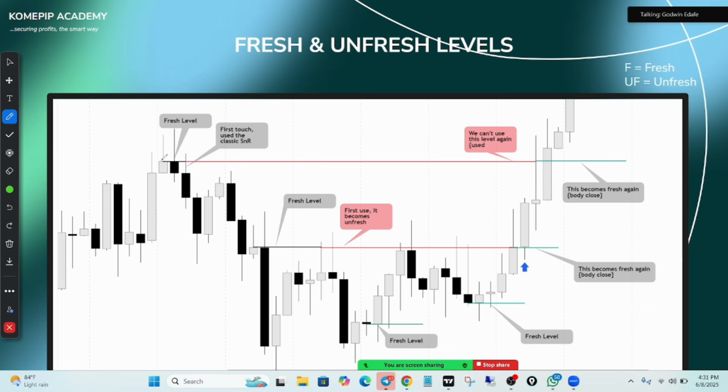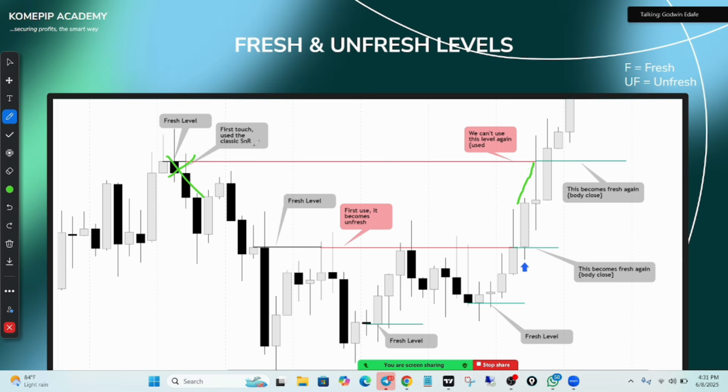A-shape key level, right? Now, this is the fresh key level, A-shape key level. But take note, this was the first tap, the first touch used the classic SNR. So this touch has used this A-shape key level. In the future, when price comes, we are not interested in selling from this key level again.